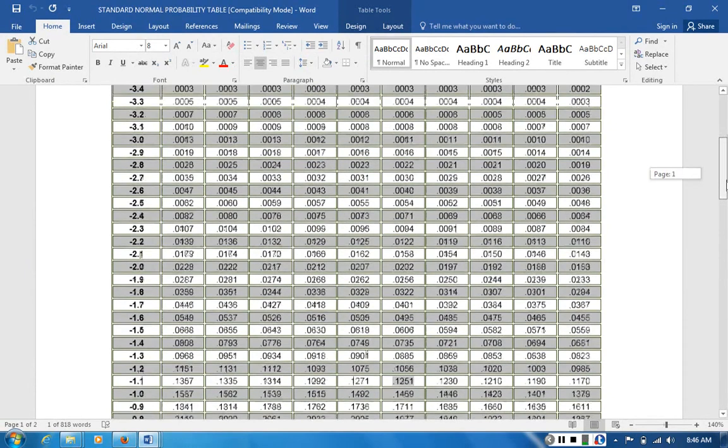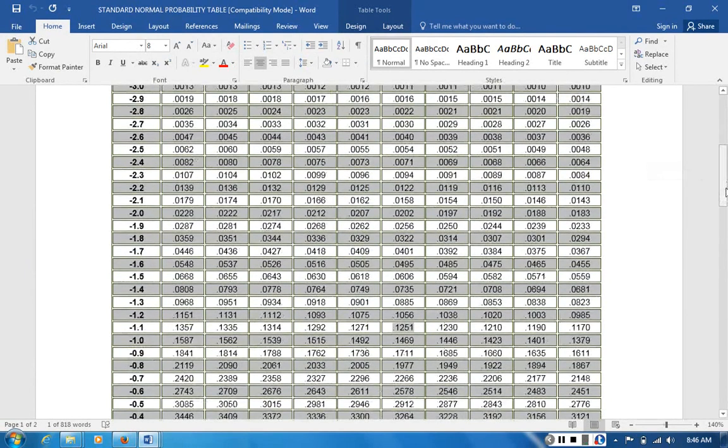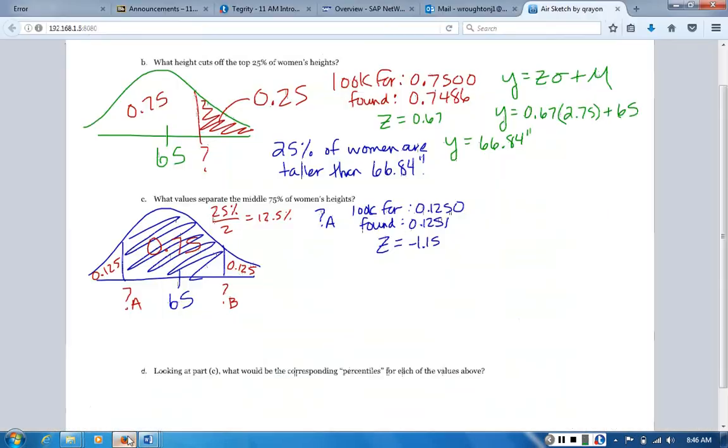So my z is going to be negative 1.15 for question mark A. So then we can plug that into our formula here: negative 1.15 times our standard deviation plus our mean. That one is going to turn out to be 61.84 inches for question mark A.